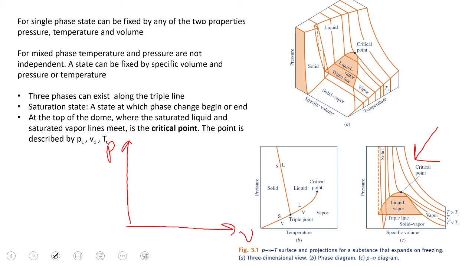For a liquid, the first thing we draw is this vapor dome. This vapor dome means three phases of matter.